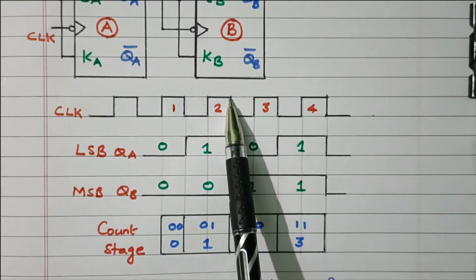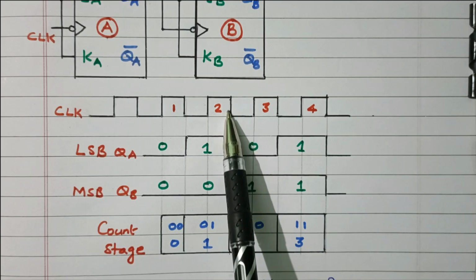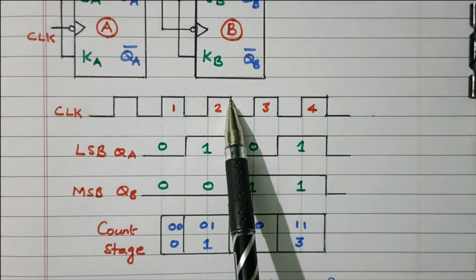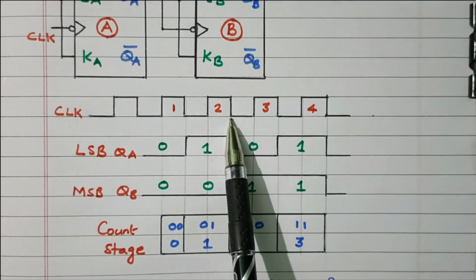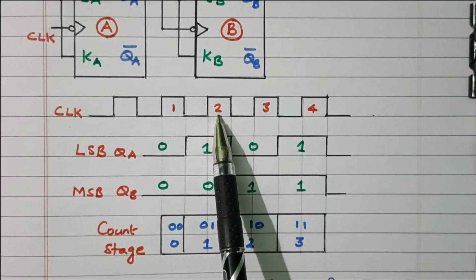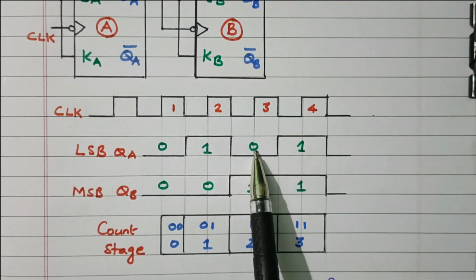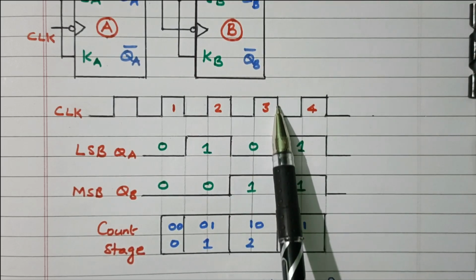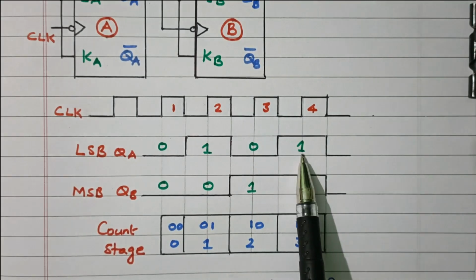Similarly, this is the negative edge triggering, right? Until the next negative triggering, it is 1. When it changes from 1 to 0, again it changes from 0 to 1 until this state. At this point again it will change, right?